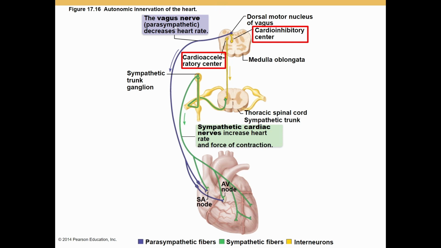So here the vagus nerve in purple is the parasympathetic nervous system fiber, and the green fiber here is the sympathetic nervous system fiber. And again, the sympathetic nervous system is known as the fight or flight system, so it can increase heart rate and contractile force, whereas the vagus nerve of the parasympathetic nervous system primarily does the opposite, like decrease heart rate.